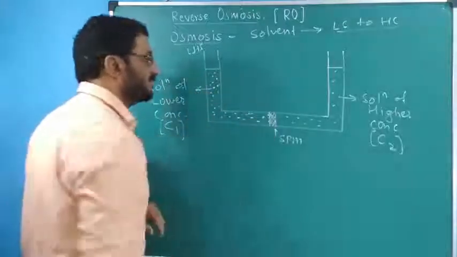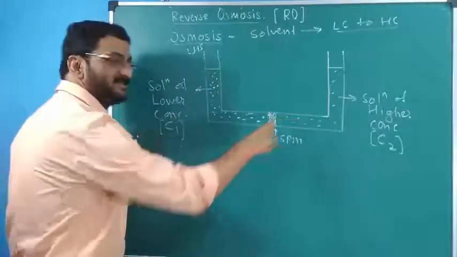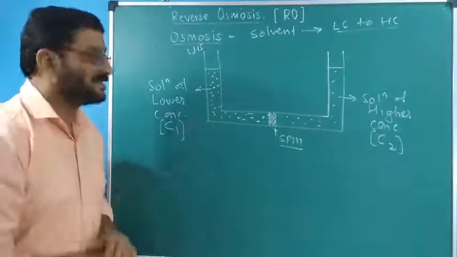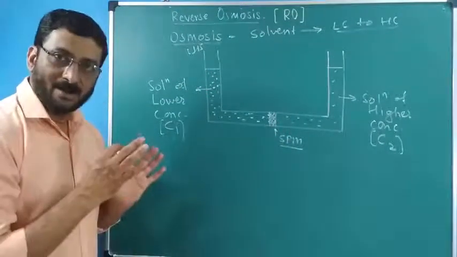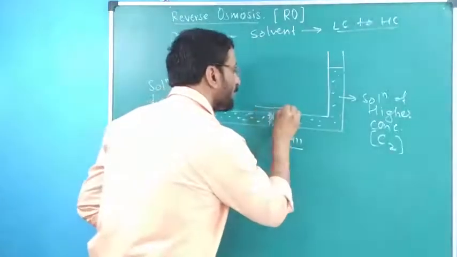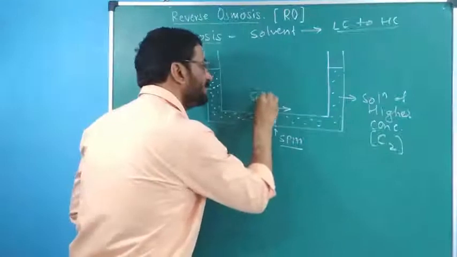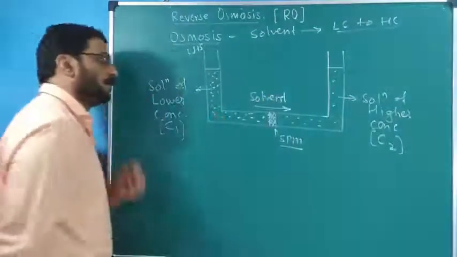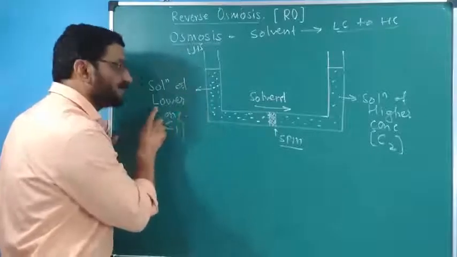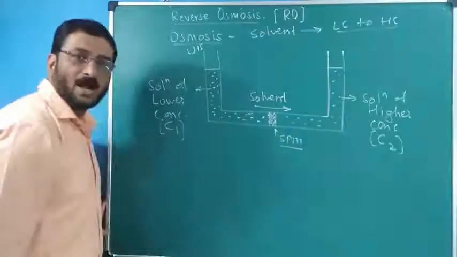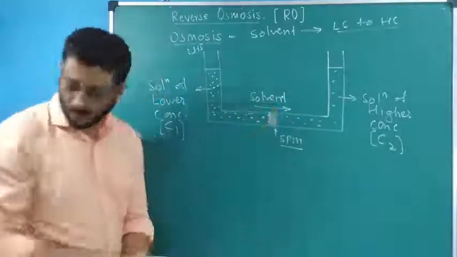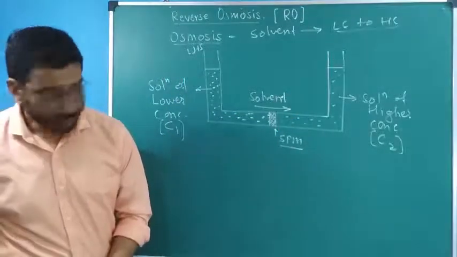When these two solutions C1 and C2 are separated by a semi-permeable membrane, there is a flow of solvent, that is water, from the solution of lower concentration to the solution of higher concentration. Now if the solvent is moving from LHS to RHS, what will happen?